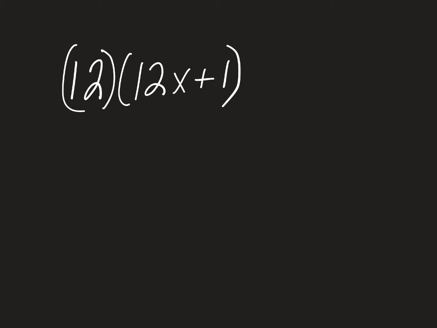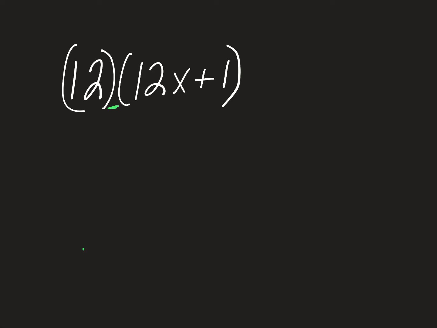So, for example, if you have 12 times 12x plus 1, okay? Everybody needs to watch up here real closely, okay? Now, notice that you have this 12 right up against this 12x plus 1. That means you're multiplying the two together, correct?